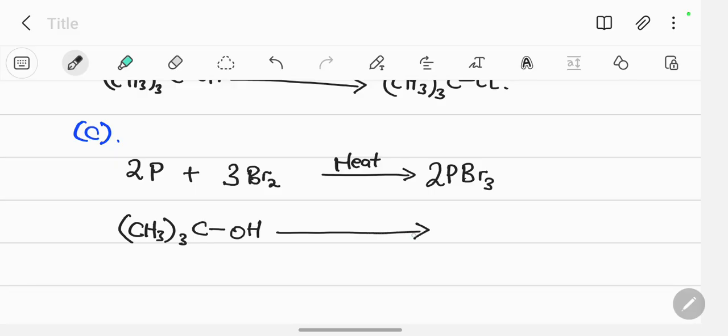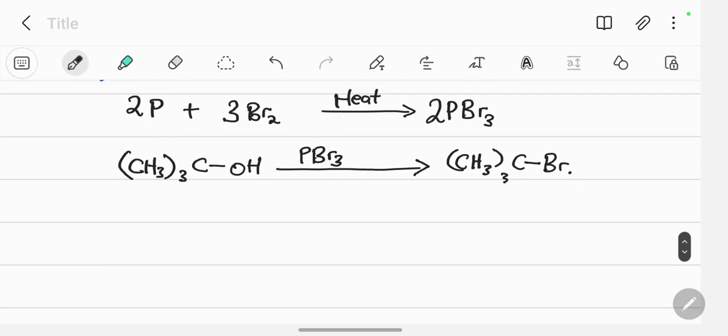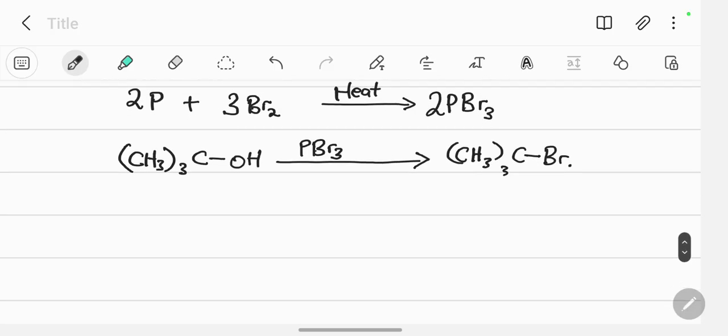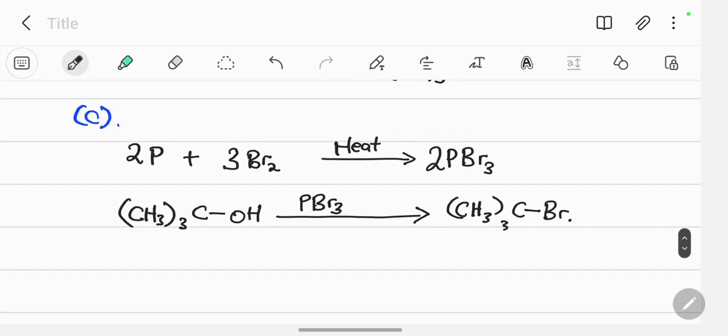So it's going to be phosphorus 3 bromide there, reacting and giving us a tertiary alkyl bromide. So C and bromine there. So we have that.